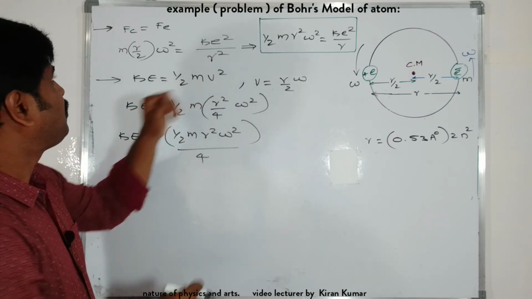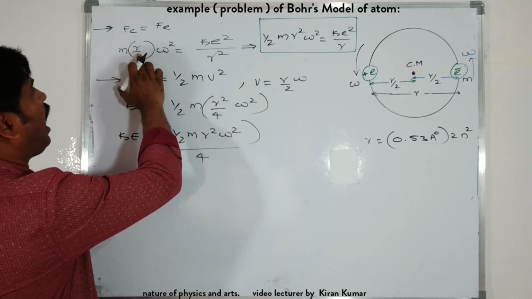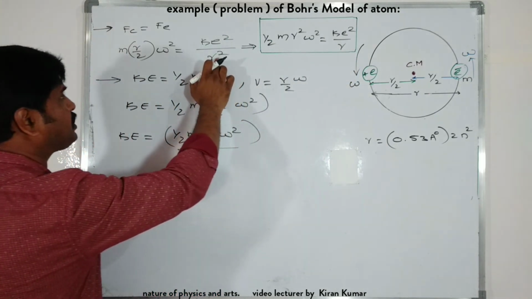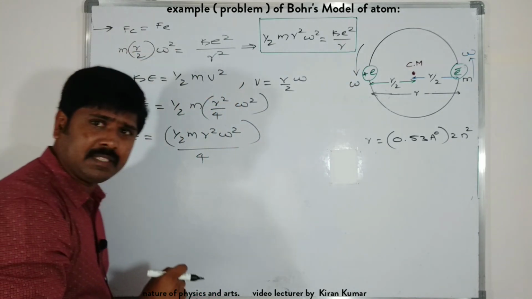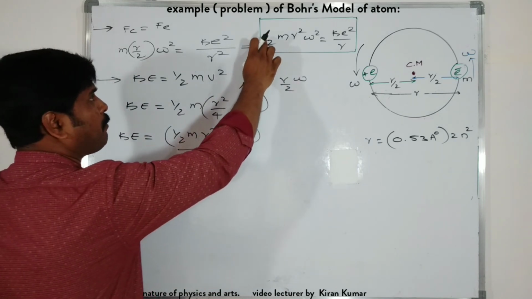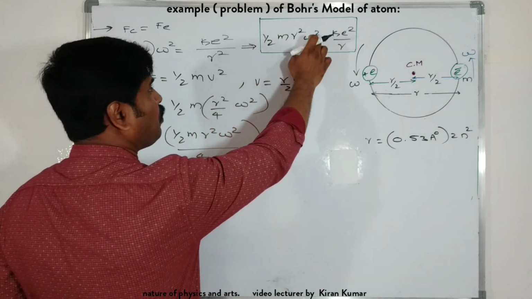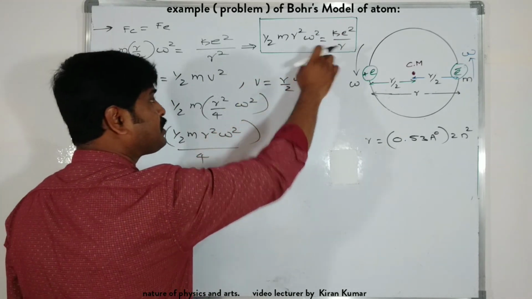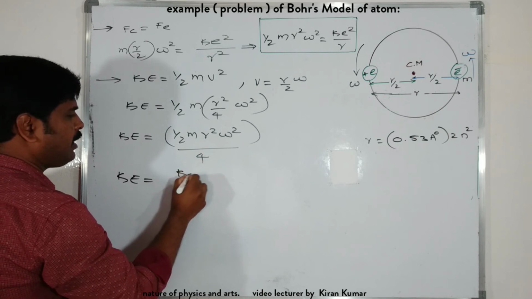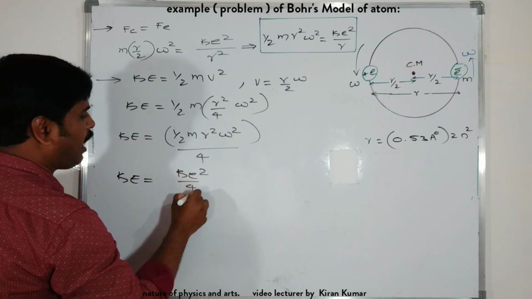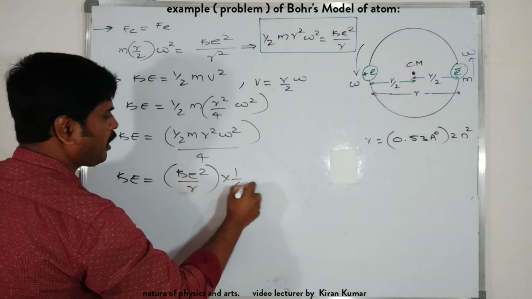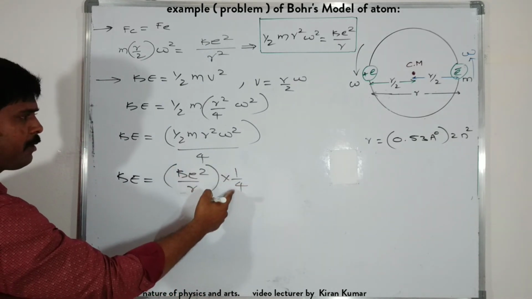Modifying this equation we will get 1 by 2 m R square omega square which is equal to K E square by R. Just R square and R is replacing. Try to understand. Because in this equation I am replacing 1 by 2 m R square omega square which is equal to K E square by R. So kinetic energy is equal to K E square divided by R into 1 by 4, this is the 4 here I am writing.